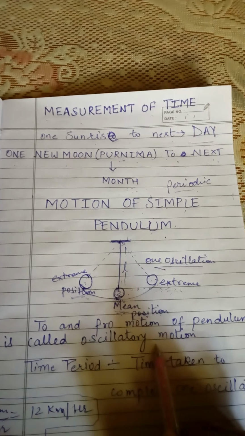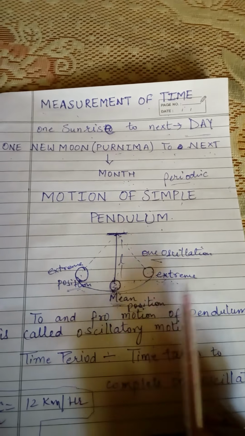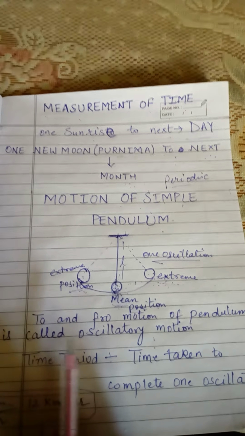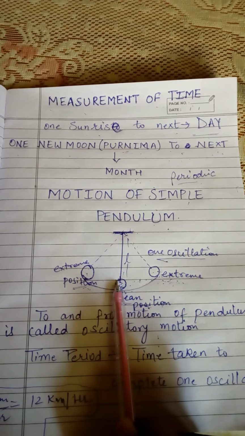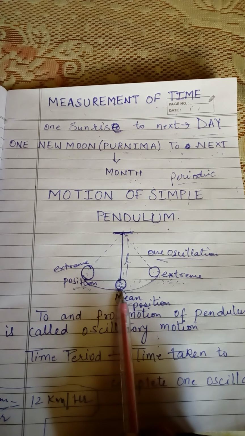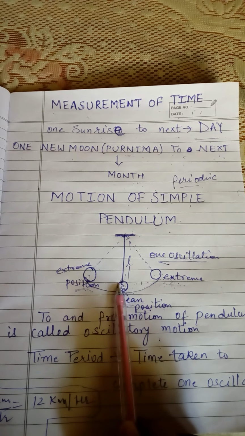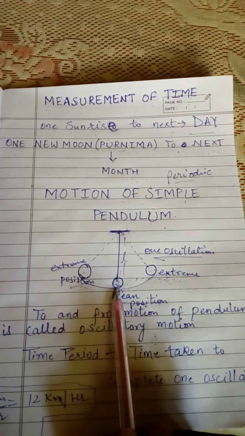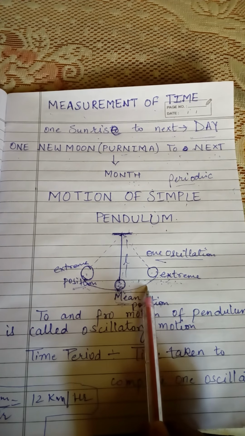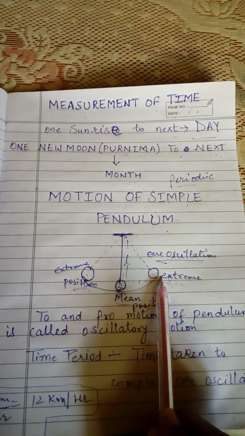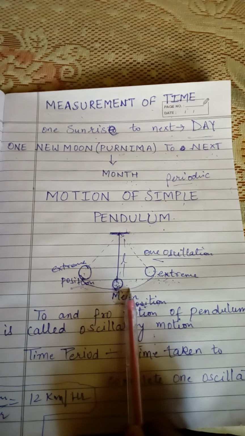Now we are going to calculate one oscillation. How can we calculate one oscillation? Suppose when we start observing this pendulum, the bob is at the mean position, and with time it changes its position to the extreme, then it comes back to mean.